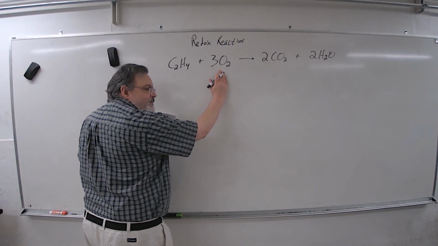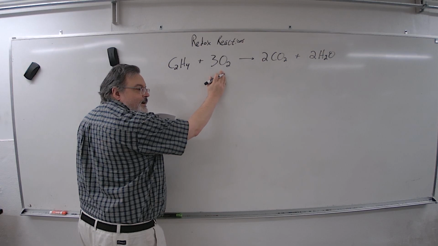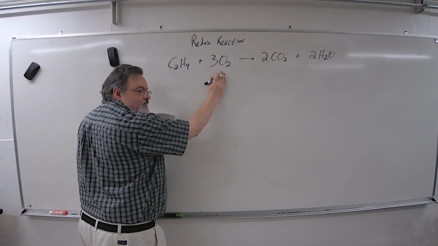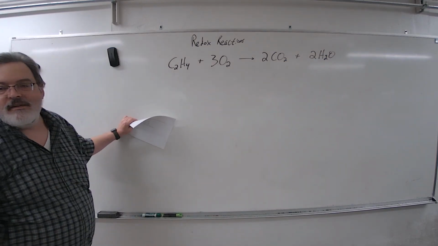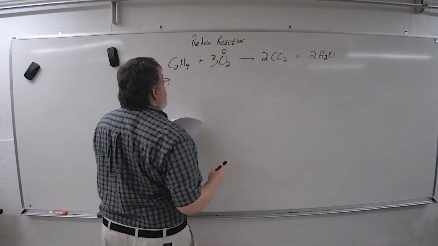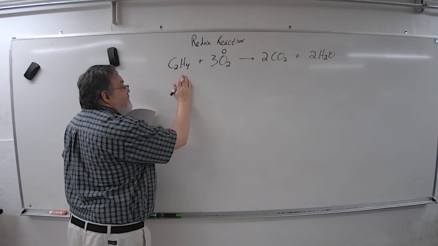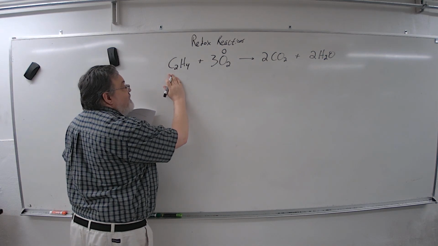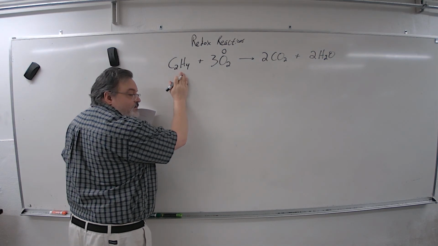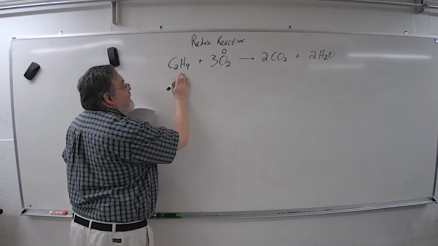What's the oxidation number for oxygen here? It's easy. 0. Yes, it's 0. It's elemental. When hydrogen is bound to a nonmetal, which carbon is, what do we consider the charge for that? It's negative.